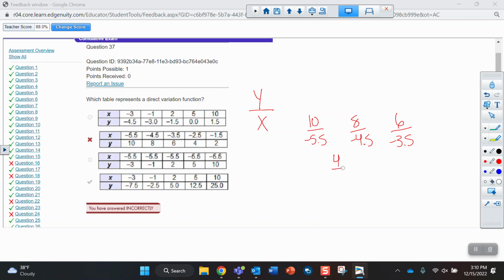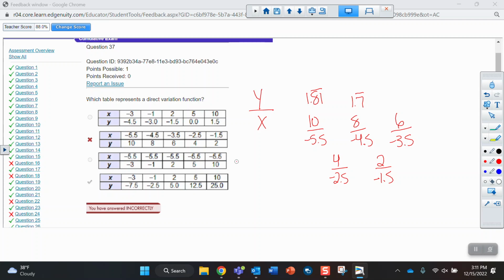I'm doing your table first. 4 divided by negative 2.5 and 2 divided by negative 1.5. So as I grab a calculator and I start doing these calculations, what I'm checking is just to see, this is 1.81 repeating. 8 divided by 4.5, oh, it's 1.7 repeating. So right away, this one's not correct because these first two, the ratios are not equivalent.